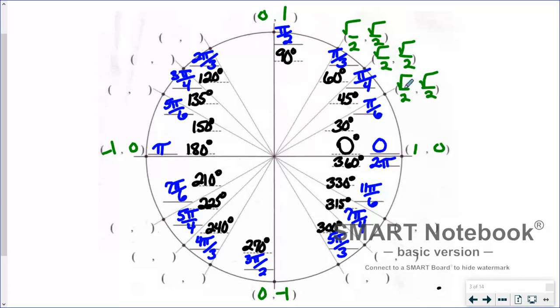Now, I start with the x coordinates, and I count backwards from 3 as I go up. 3, 2, 1. And then you do the same thing coming back down for the y's. 3, 2, 1. And that's it. We're done with all of this.